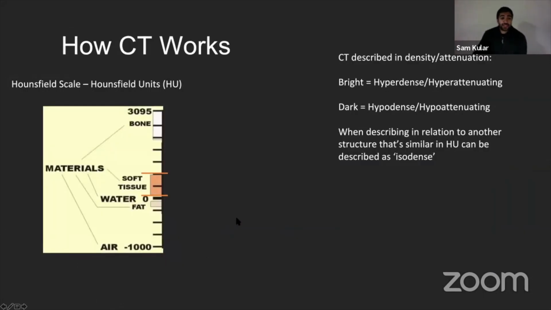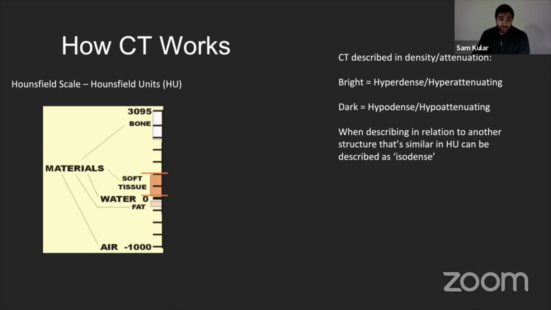So CT is based on the Hounsfield scale, and this is the unit of measurement that we use to essentially assess a CT scan. A Hounsfield scale is essentially how much an X-ray beam is absorbed by a tissue.